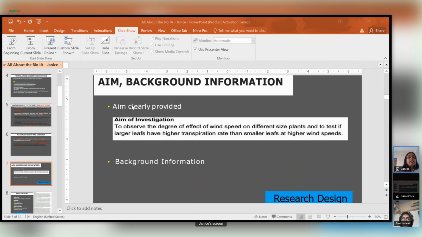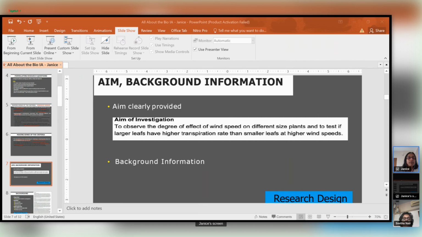Aim is always in sentence formation, in a sentence. Whereas the research question should contain the dependent and the independent variable, and it should be in question form.